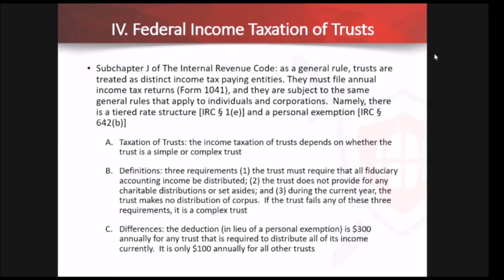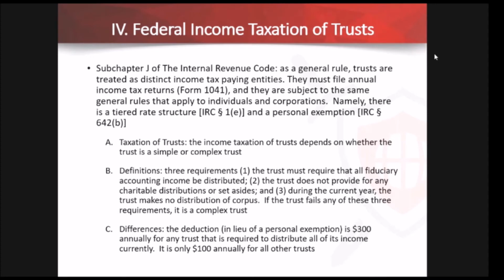It's an and test: 1, 2, and 3. If all three are met, it's a simple trust. If it fails any of those three, it's considered a complex trust under the code. And that's important because it'll govern the taxation of the income inside that trust. The most common form of this would be a marital trust, which requires all the income to be distributed in a given year.